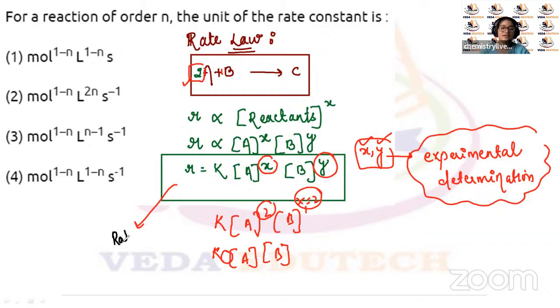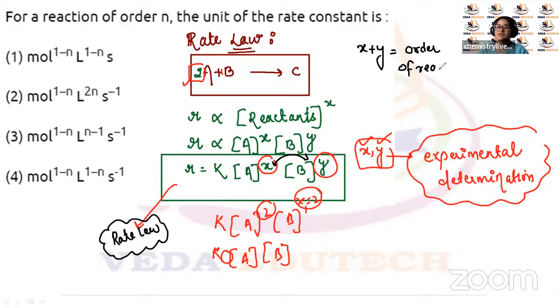In the rate law, we have the powers x and y. If you add x and y together, that is going to be the order of reaction. The order of reaction can be 0, it can be a fraction, it can be a whole number.